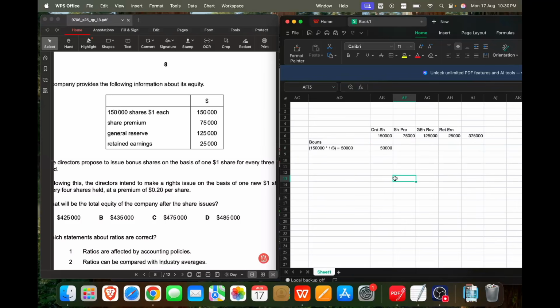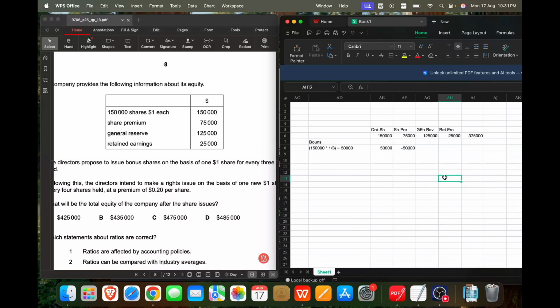But this is a bonus share, so it would be issued from the capital reserve. And the capital reserve that we have here is share premium. If the capital reserve is not enough, then we can use the revenue reserve. But right now we have enough in capital reserve, so we'll subtract 50,000 from here.